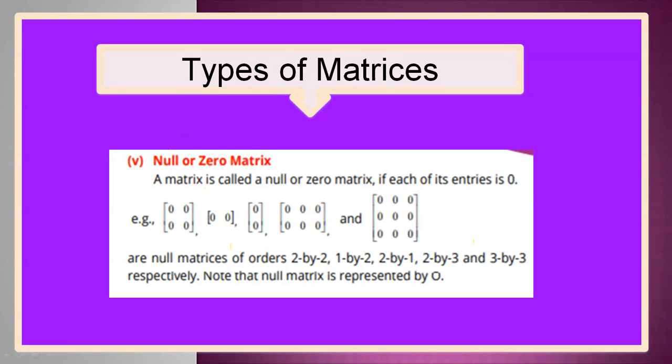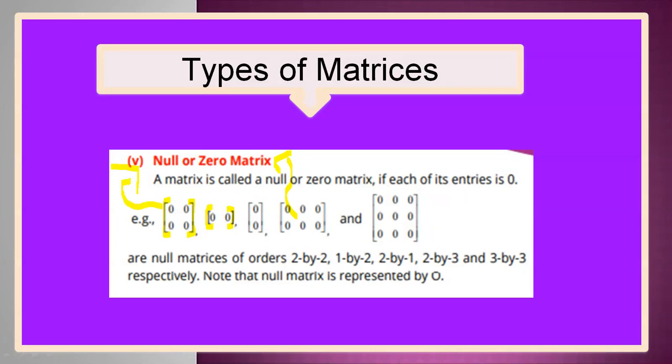So what type is this? Look, if I am considering any kind of matrix here, but all the numbers, all the elements, all the entries are zero, then this kind of matrix is your null or zero type. Zero matrix.